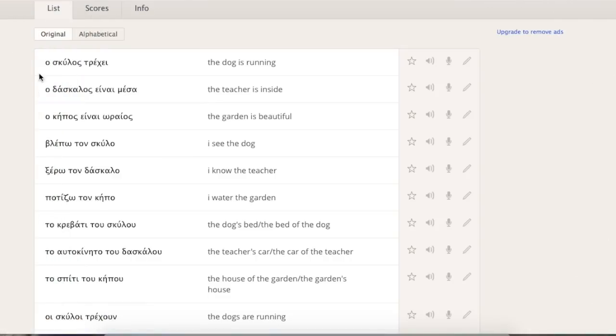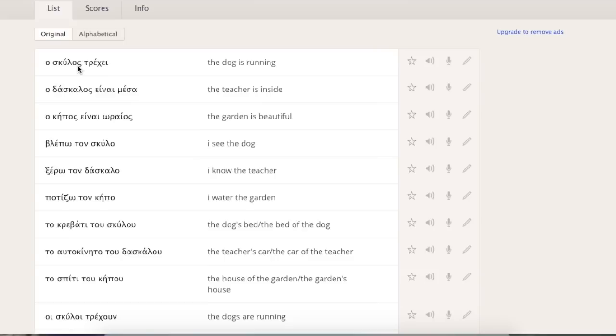Okay, so our first sentence will be the dog is running. Ο σκύλος, the dog, τρέχει, is running. The is represented by o here, and σκύλος is the dog. But why do we use o as an article, and why does dog, skílos, end with an os? Well, basically because the dog in this sentence is our subject.